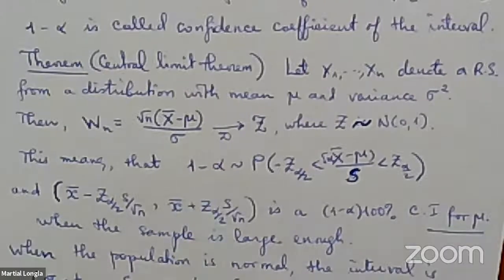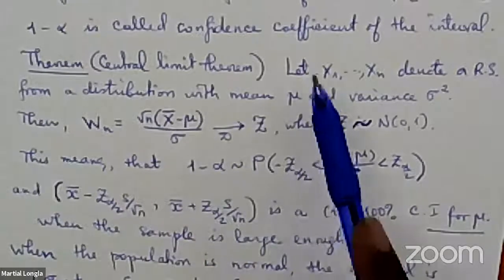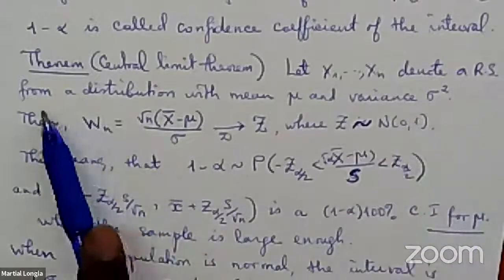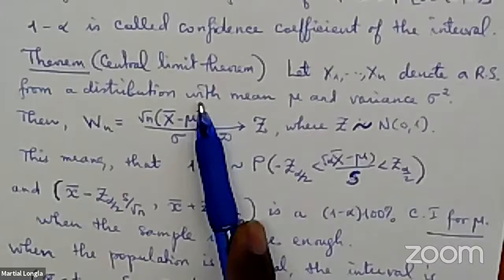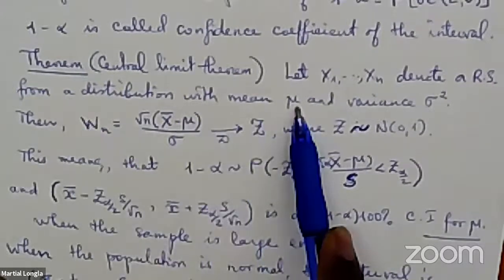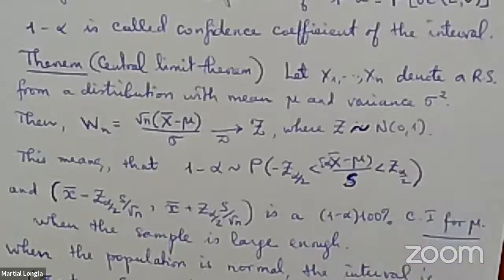Due to this theorem, no matter what the distribution is, when you have the sample mean, you know that the sample mean converges to the true mean of the population. If you have x1 all the way to xn being a random sample from a distribution with mean mu and variance sigma squared, that's all you need.